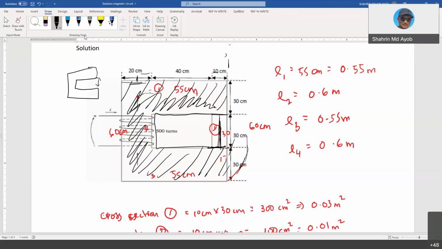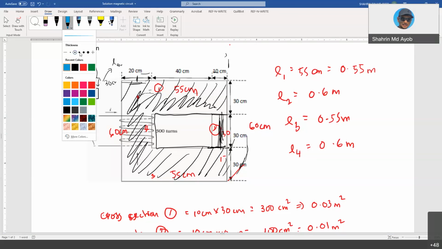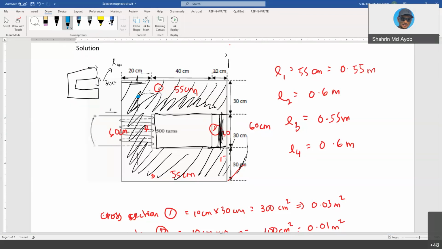So your air gap is 30 centimeter. This is your length of the air gap, 30 centimeter. Meaning that the other sections start from here, section 1 to here.